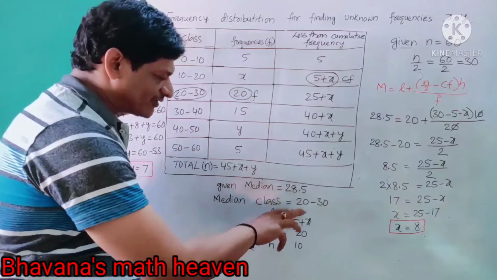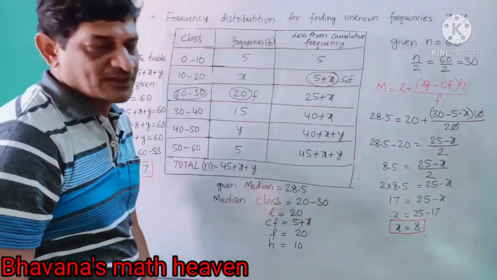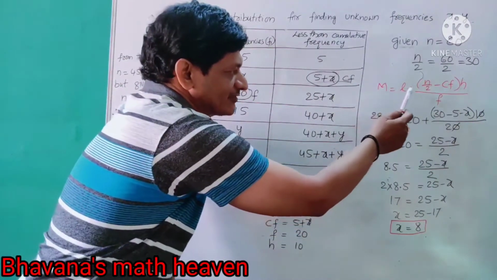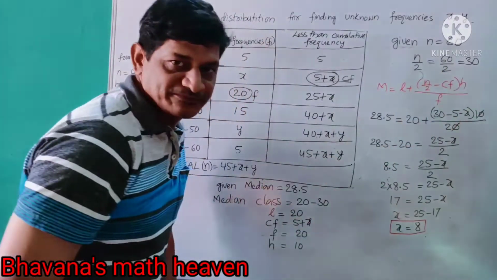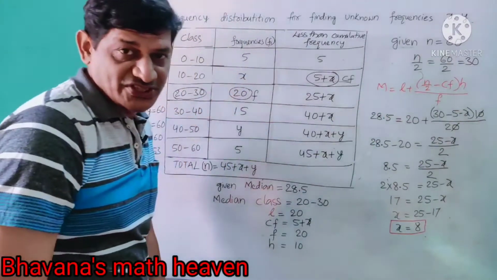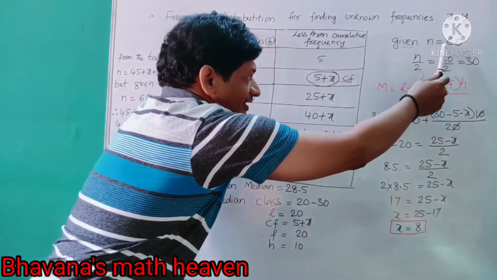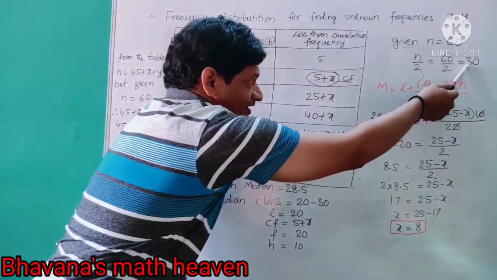So after obtaining all these values, write the formula for median. Median formula: M equals L plus (n by 2 minus CF) into h by f. Total number of observations is also given to you, that is 60. So n equals 60, n by 2 is 60 by 2 equals 30.